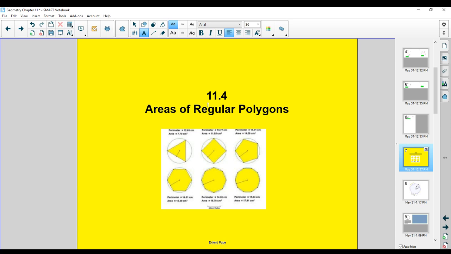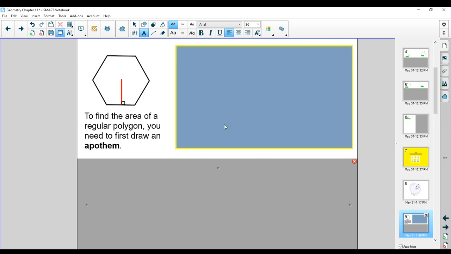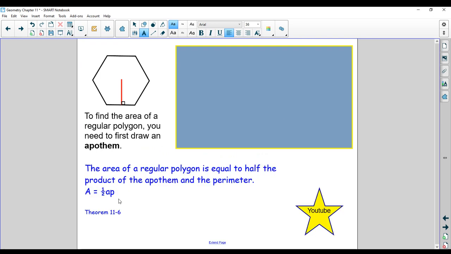All right, so regular polygons. Regular polygons are obviously polygons that have equal sides and equal angles, and you'll see some examples here. There's a specific formula that's used for the area of a regular polygon. And when I show you the formula, you're going to see the formula and not understand exactly what it means. The area of a regular polygon is equal to half a times p.